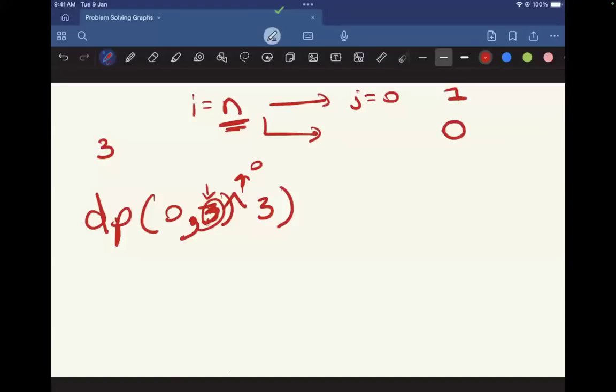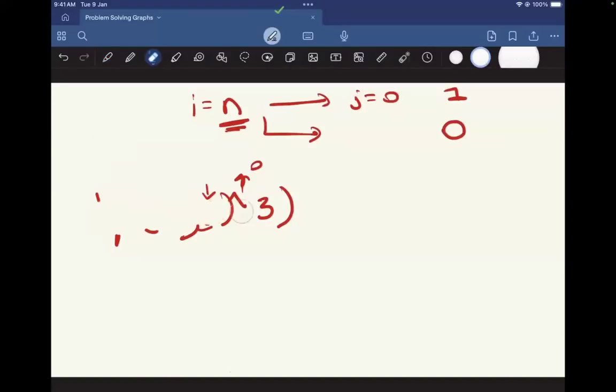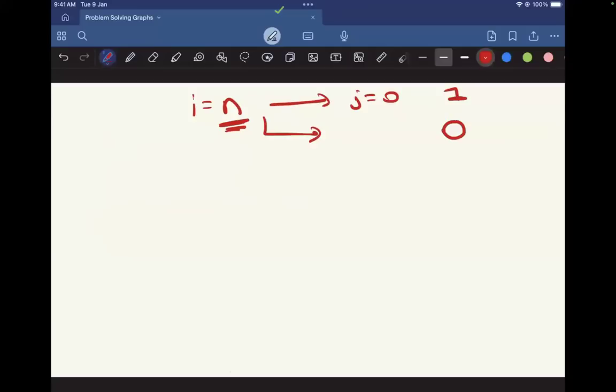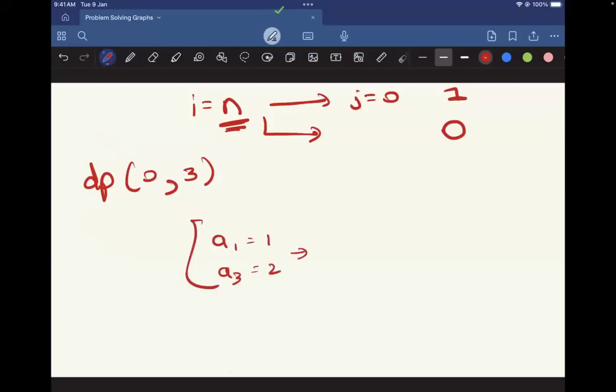So, when I is equal to n, if j is equal to 0, we can return 1, otherwise we can return 0. Alright. Let's say I called dp of 0, 3. This is a recursive function, alright. And we chose some elements which gave me XOR equal to 3. Let's say I chose A1 equal to 1 and A3 equal to 2. I chose these two elements. The XOR of these is 3, correct? Yes.